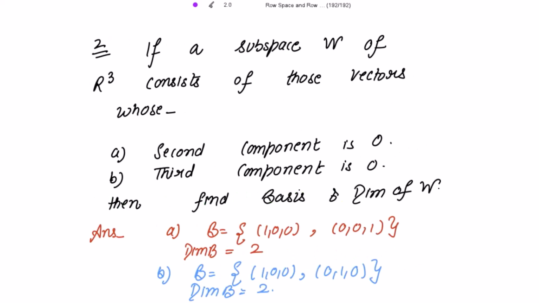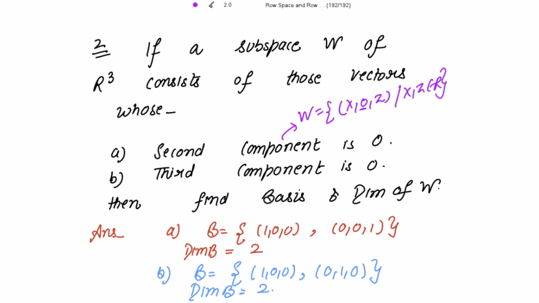Second is, if a subspace W of R³ consists of those vectors whose second component is 0. So here W is, yes, second component 0 means (x, 0, z) such that x, z belong to the reals.